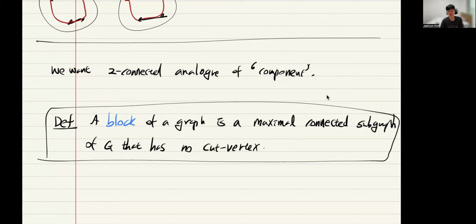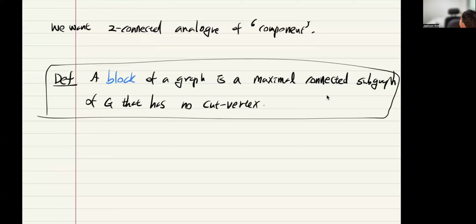So for components, we define it to be a maximal connected subgraph. But for a block, we didn't define it as a maximal two connected subgraph. We instead define it as a maximal connected subgraph that has no cut vertex. That is a subtle difference, and this will be more useful for us.